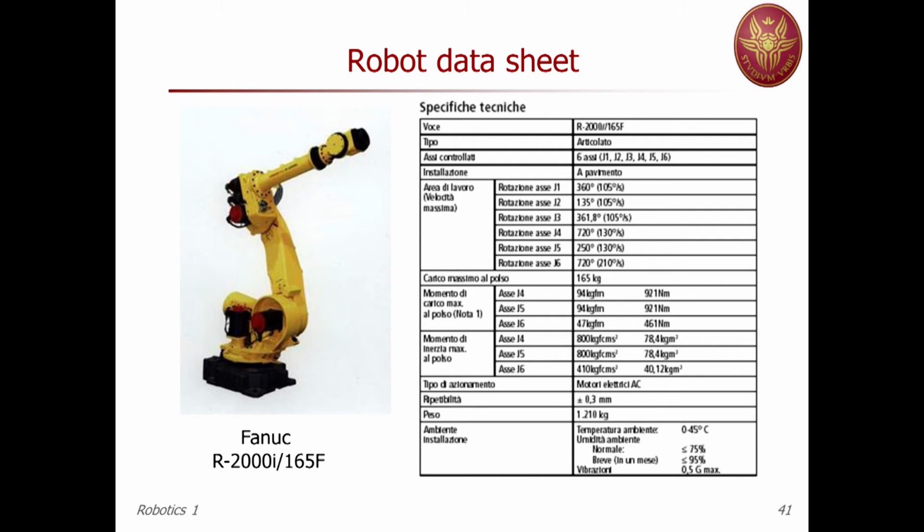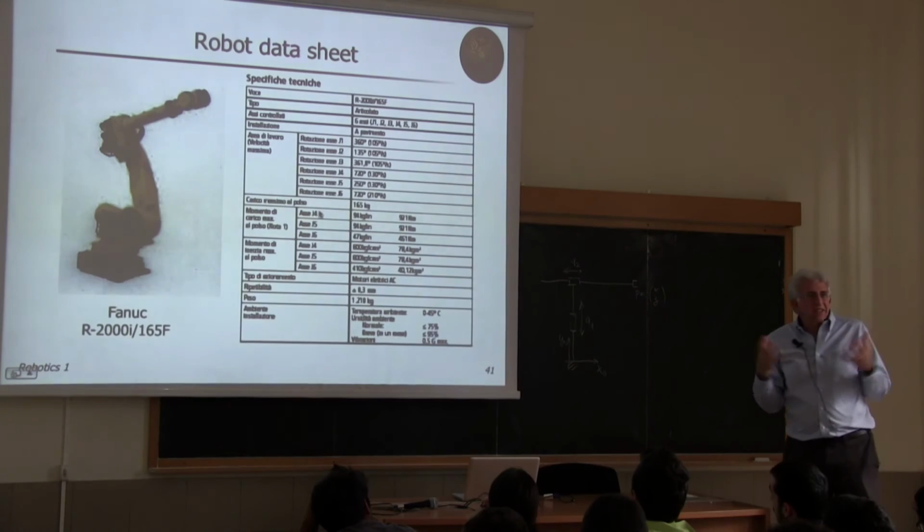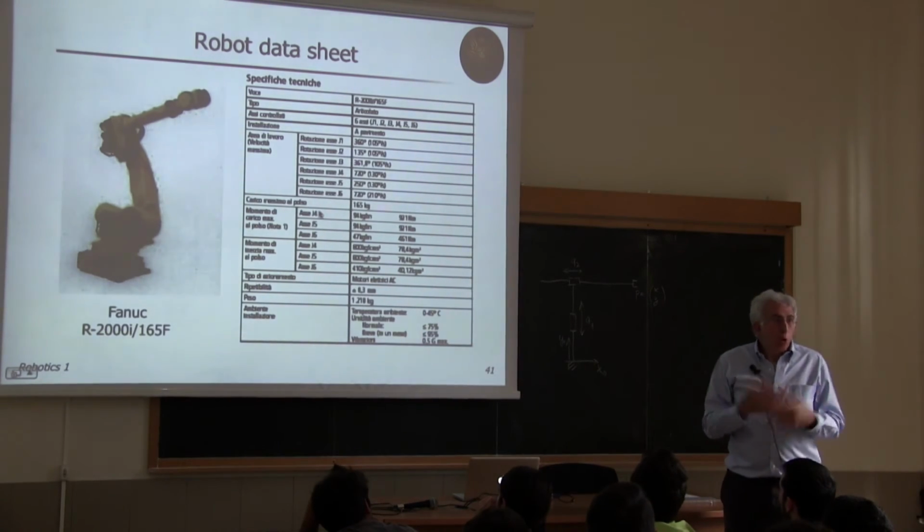And it has a total weight of 1,210 kilograms, while the payload is 165. This is a typical payload to own weight ratio, so 1/10 of its weight. Why is that? What do you think? Why do we have this very poorly performing ratio?